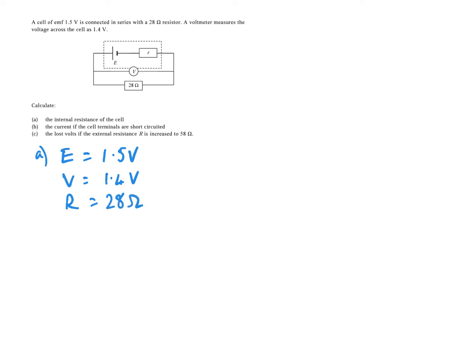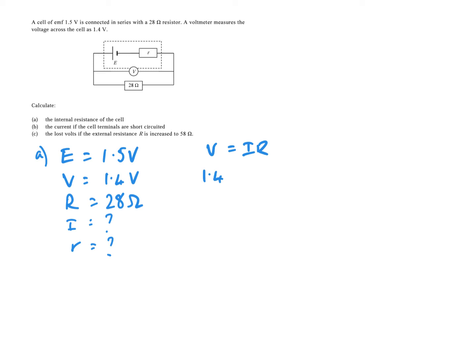Now, we're going to have a couple of steps to get to the internal resistance, because the formula which links the internal resistance to stuff we know, E and V in particular, has capital I in it as well. So we're going to have to get capital I before we can then use that to get small r. So first of all, to get capital I we can just use V equals IR.